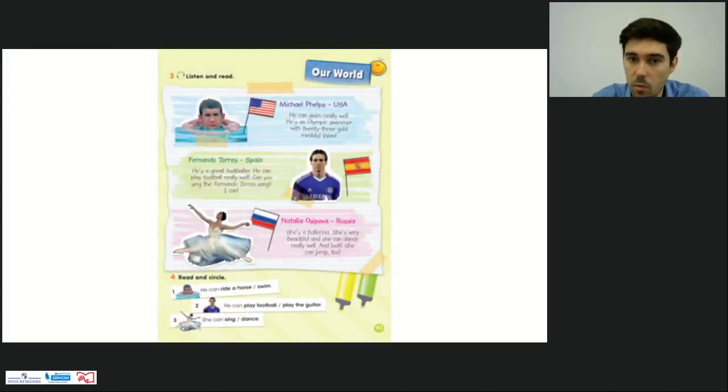Here we can see some examples of cross-curricular activities. Our world, so we're looking here at different athletes from around the world. We've got Michael Phelps, Fernando Torres, and Natalia Osipova from Russia. So students will be able to learn about athletes from different countries and perhaps connect these athletes with athletes from Russia.